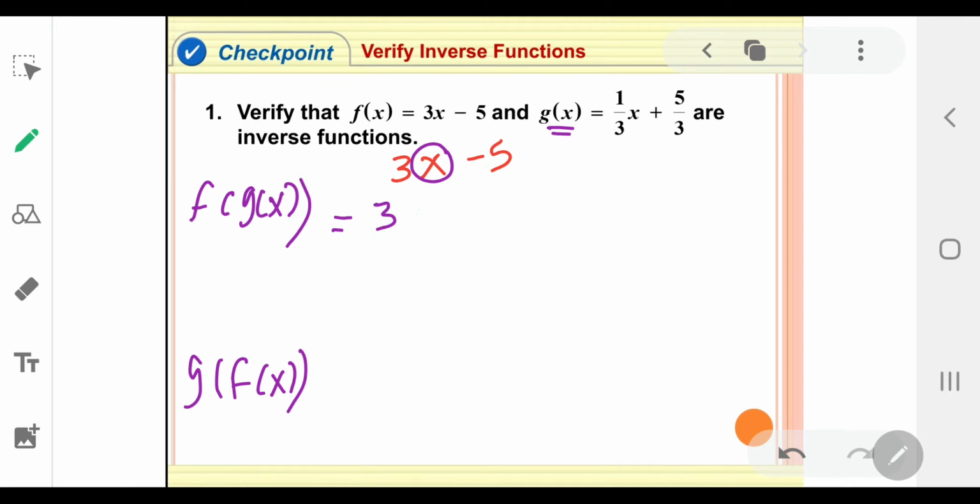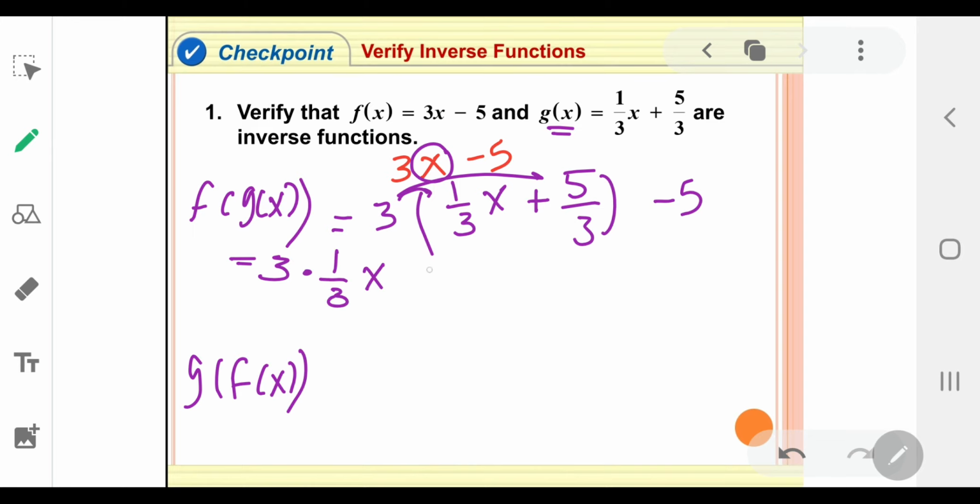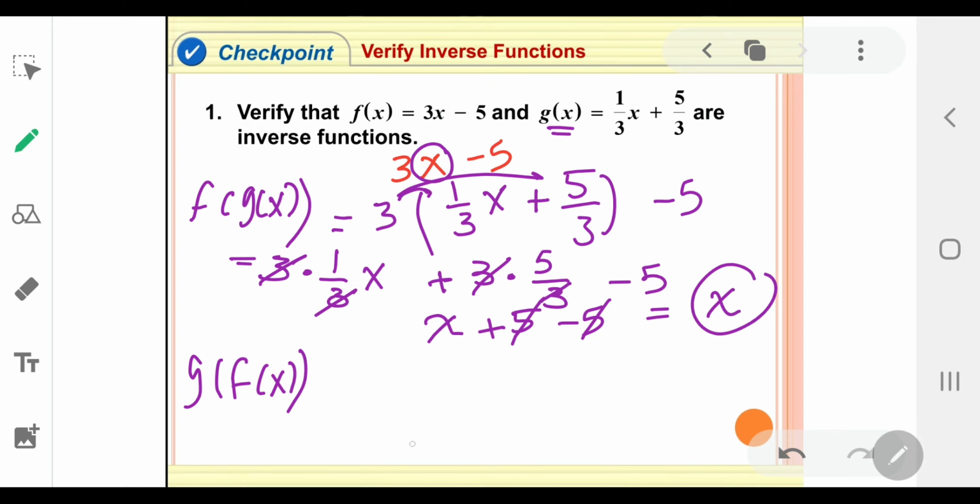So it is 3 times (1/3 x plus 5 over 3) minus 5. And why did I use brackets? To remind you that you're going to use the distributive property. So it will be 3 times 1/3 x plus 3 times 5 over 3 minus 5. The 3 will be cancelled with the 3, and you're left with x plus 5 minus 5. 5 minus 5 is 0, and you're left with x.